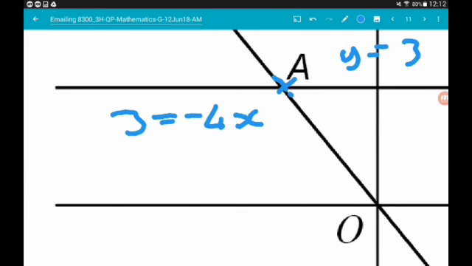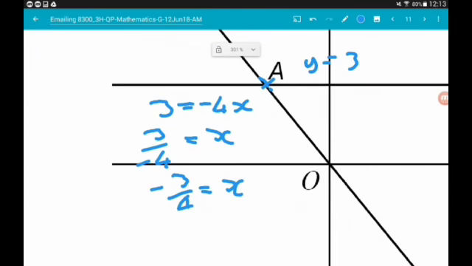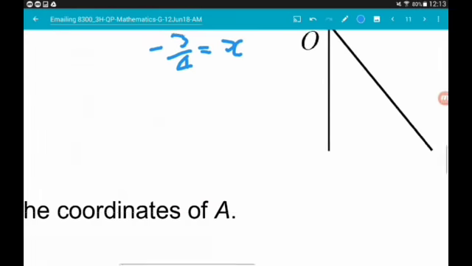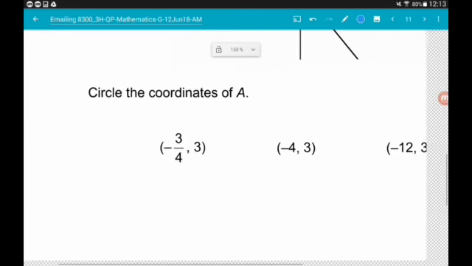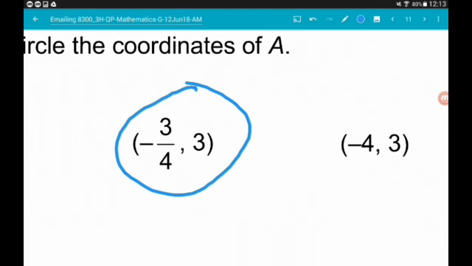If we divide by minus 4, we get 3 over minus 4 is equal to x, or minus 3/4 is equal to x. So the coordinates of point A are minus 3/4, 3, which is this first one here.